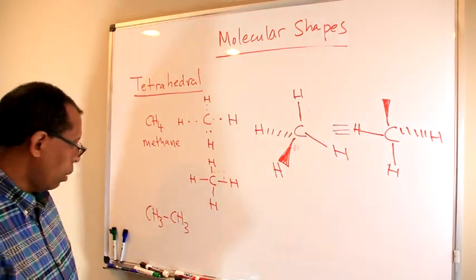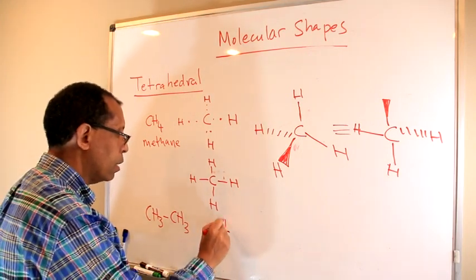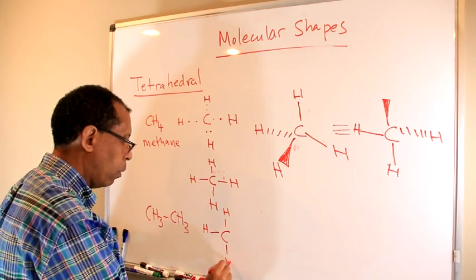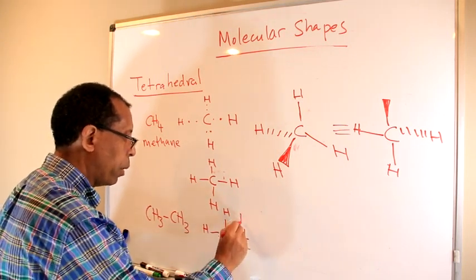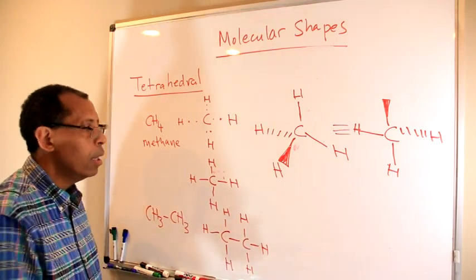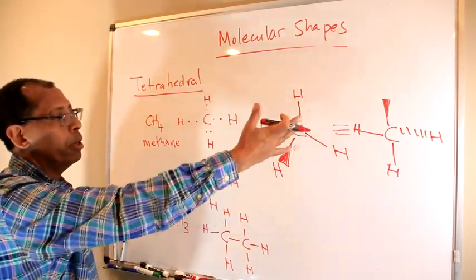Okay, now you can draw this. That means if this is, let's say, the skeletal form of the drawing, it would look like this. But as I said, they are not on the plane of the board. So how do I draw this?